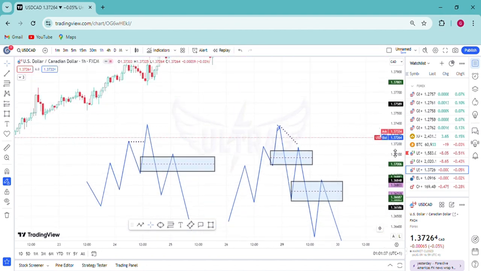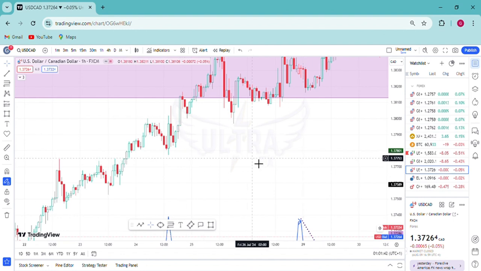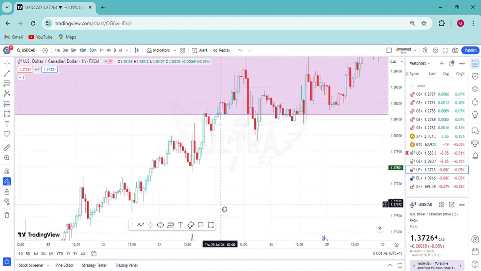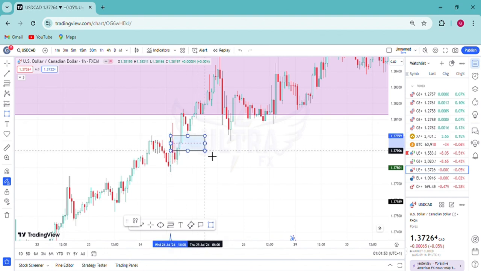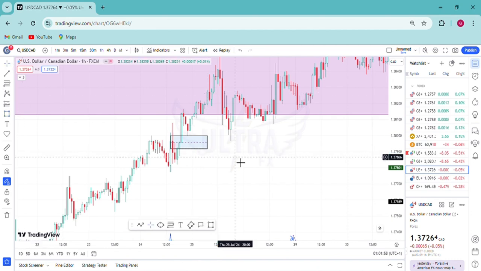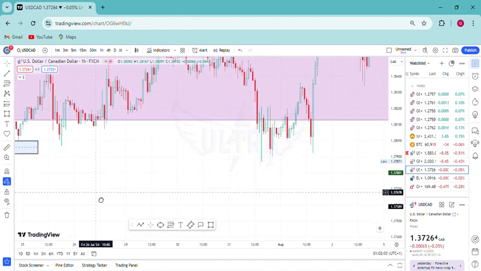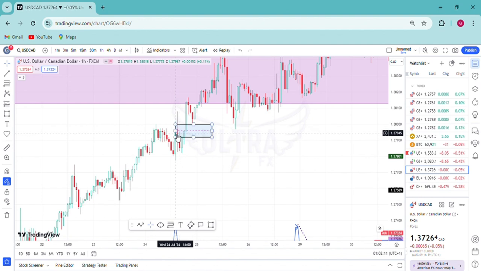So let's hop onto our chart and search for these mitigation blocks. For a bullish move, we need a higher low before a mitigation block, right? So here we can find that there is a mitigation block here. Why is there a mitigation block here on a lower time frame? I'm not going to move it to a lower time frame so that it does not move us to the extreme, so we're going to stick to this time frame.